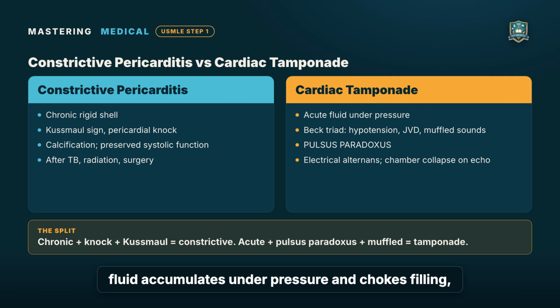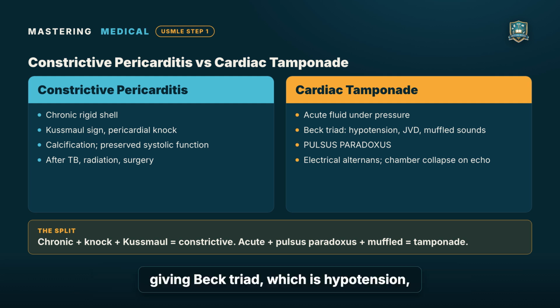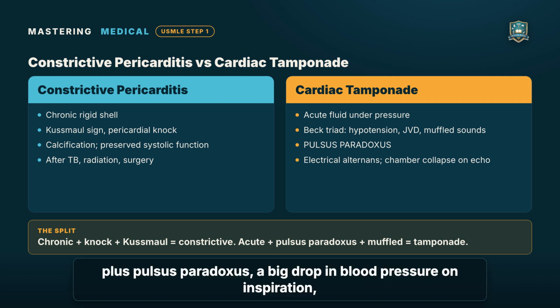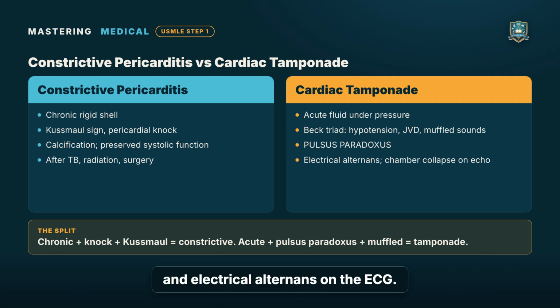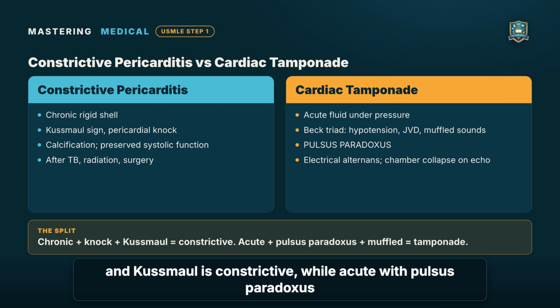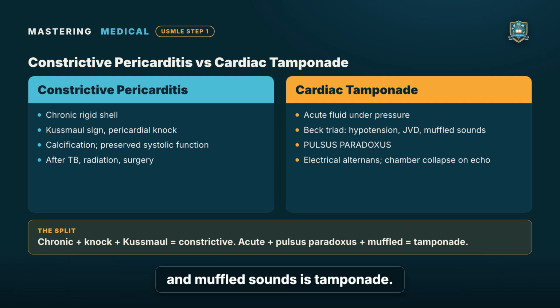Fluid accumulates under pressure and chokes filling, giving Beck triad, which is hypotension, jugular venous distension, and muffled heart sounds, plus pulsus paradoxus, a big drop in blood pressure on inspiration, and electrical alternans on the ECG. Echo shows the chambers collapsing. So chronic with a knock and Kussmaul is constrictive, while acute with pulsus paradoxus and muffled sounds is tamponade.